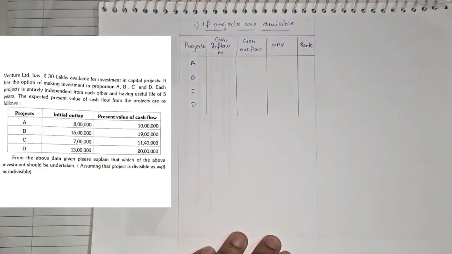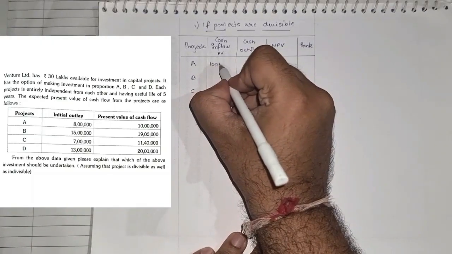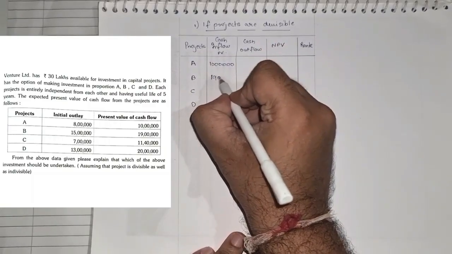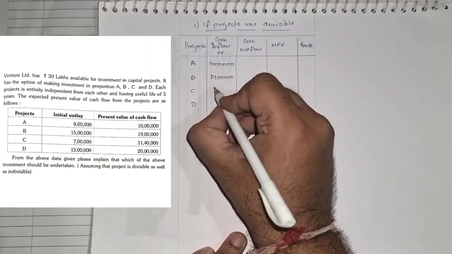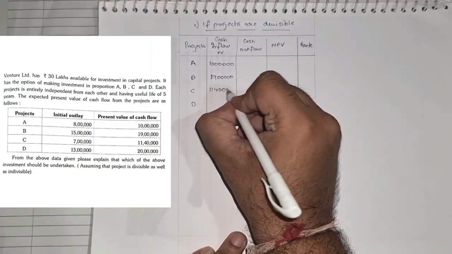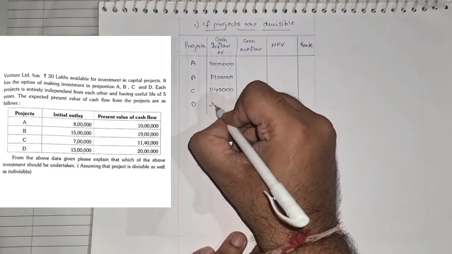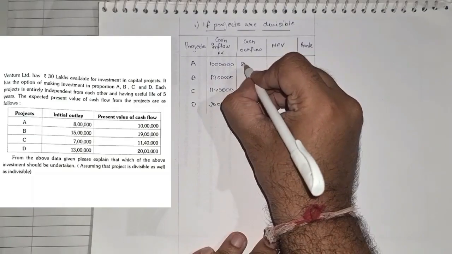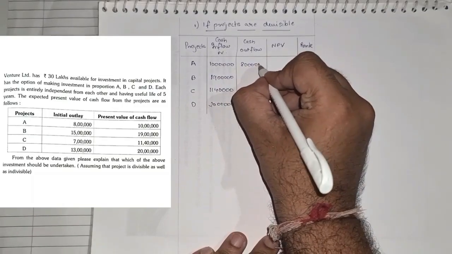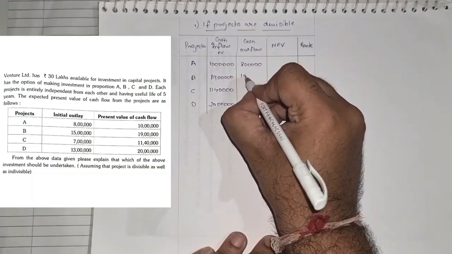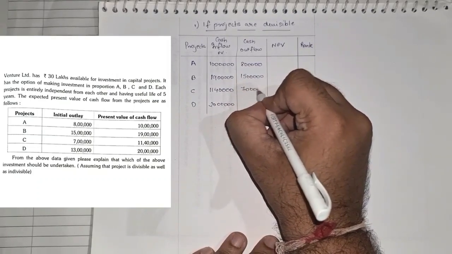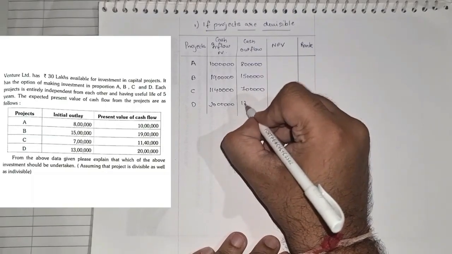The cash inflows of the projects are 10 lakhs, 19 lakhs, 11,40,000, all mentioned in the question, and 20 lakhs. Now the cash outflow for the first one is 8 lakhs, 15 lakhs, 7 lakhs and 13 lakhs.